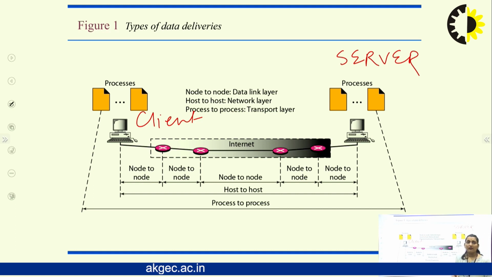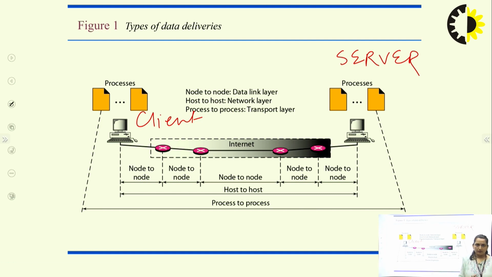What is a process here? I will elaborate. If you want to transfer a file from one source to a destination, any Word file, any mail, any document, any PPT running on the client side is the process running on the client side.